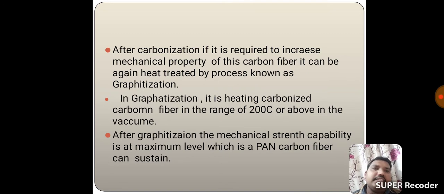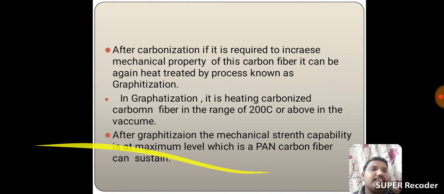After carbonization, if it is required to increase the mechanical property of the carbon fiber, it can be heat treated again by a process known as graphitization. In graphitization, the carbonized carbon fiber is heated in the range of 2000 degrees Celsius or above in a vacuum. After graphitization, the mechanical strength is at the maximum level which a pan-carbon fiber can sustain.